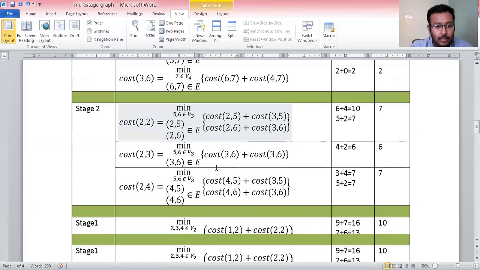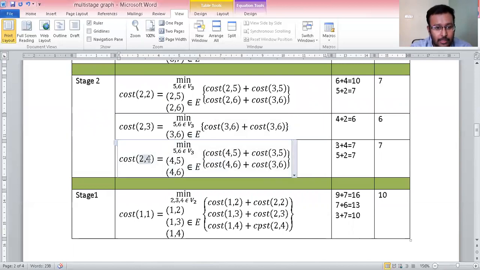Similarly, there is one more vertex at stage 2, vertex 4. Again, there are two edges going from vertex 4 to 5 as well as vertex 6. Now you have to select the minimum out of these two edges. If I calculate the edge 4 to 5, the answer comes out to be 7.